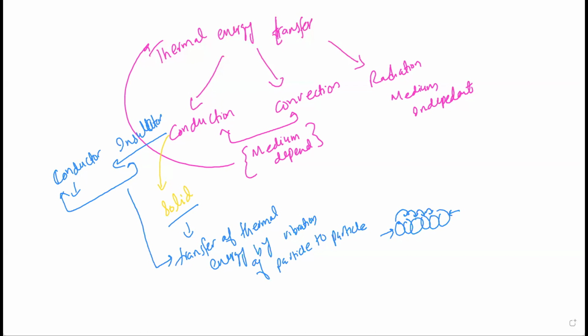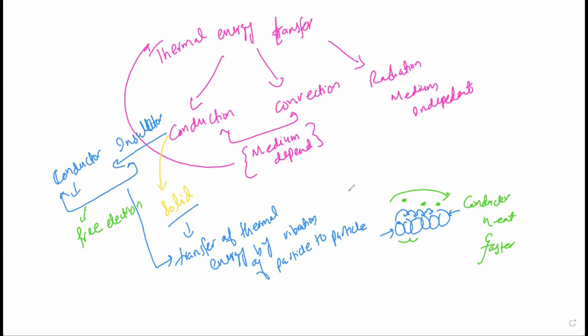But when it comes to conductors, we have an added advantage of free electrons. So as the energy is transferred from particle to particle, at the same time, the free electrons, the mobile electrons that are present there, would also exchange energy. So conductors heat up faster than insulators due to these free electrons. The phenomenon is exactly the same, that the energy would be transferred from particle to particle.